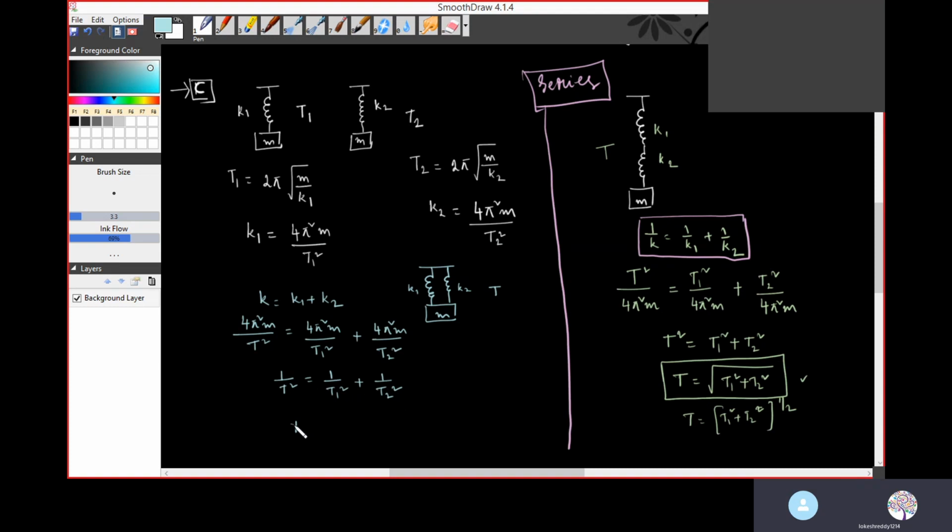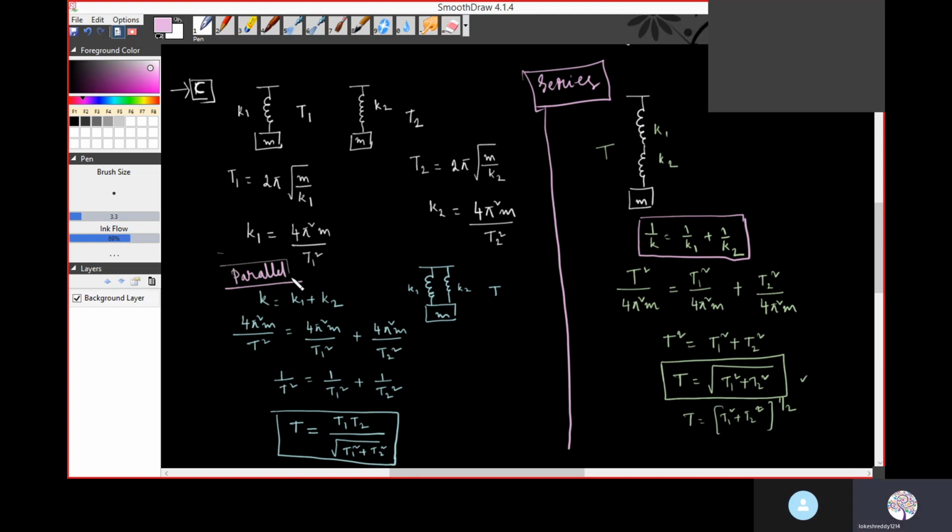Or else we can write T is equal to T1 T2 by root of T1 square plus T2 square. So this is when they were connected in parallel.